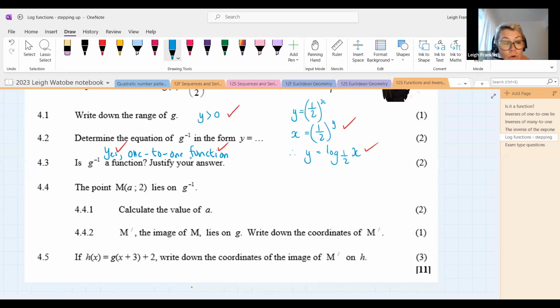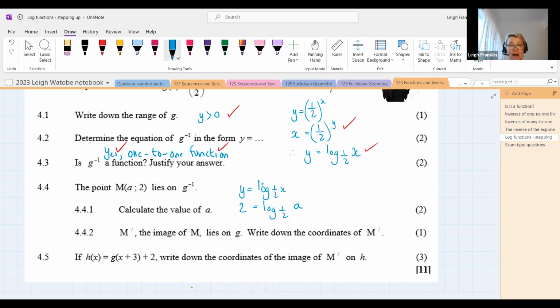Like you said, your value of 2 is your y coordinate. So we're subbing into y equals log base half of x, because that's our inverse. So 2 is equal to log base half of x. And let's substitute x as well. We know that's supposed to be a.